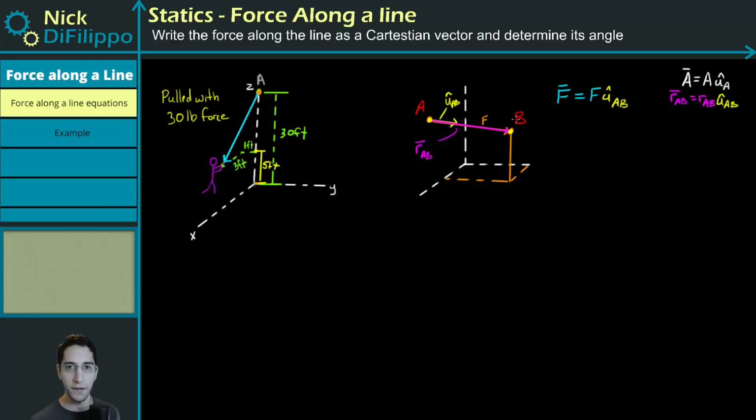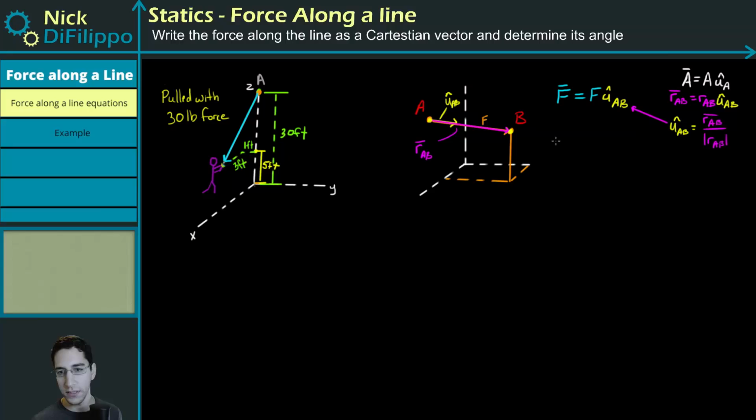So I'm writing it in terms of this general case right here. Solving for the unit vector, UAB, this is going to be equal to our position vector divided by the magnitude of the position vector. And this is what we are going to put into this equation right here.